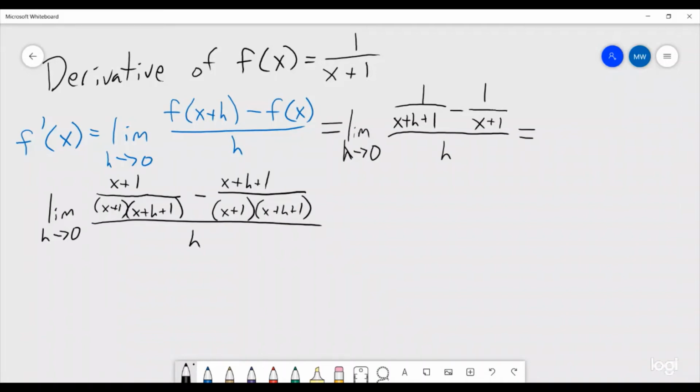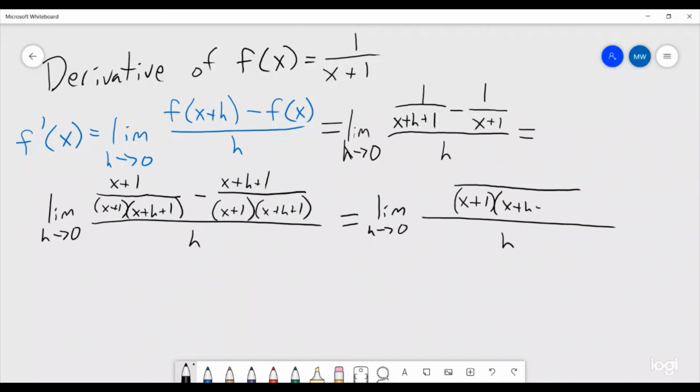Now that we have the common denominator, we can combine those two together. So we get the limit as h goes to 0, again everything's all going to be over h, we get x plus 1, x plus h plus 1, and then the top is going to be x plus 1 minus x minus h minus 1. So some of these will cancel, x minus x, 1 minus 1, and all we're left with is a negative h on the top, and this negative h can cancel with the h on the denominator to become a negative 1.